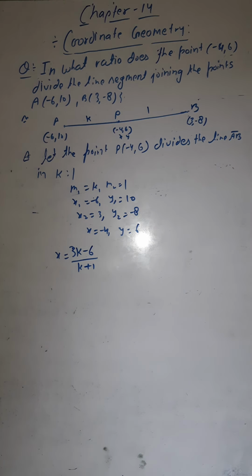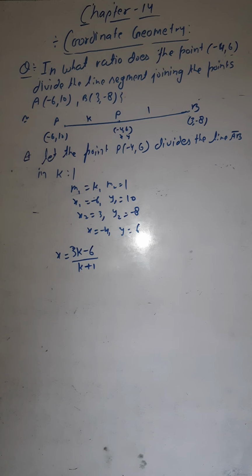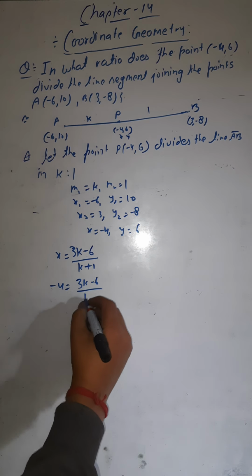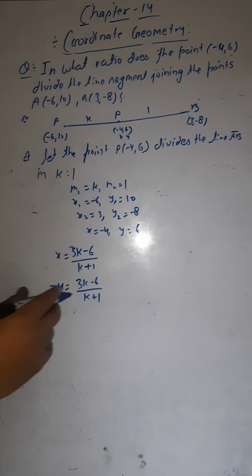Now you know the value of X, which is -4. So putting it here, -4 equals (3K - 6) divided by (K + 1). Now just cross multiply.